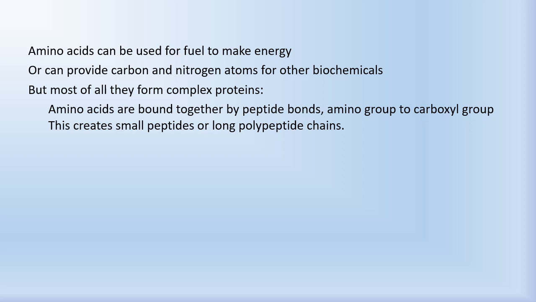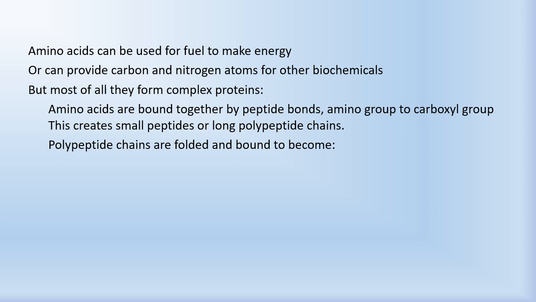They're bound together by peptide bonds. This is amino group to carboxyl group on the next amino acid. This creates either small peptides of a few amino acids or long and branching chains of amino acids known as polypeptide chains.